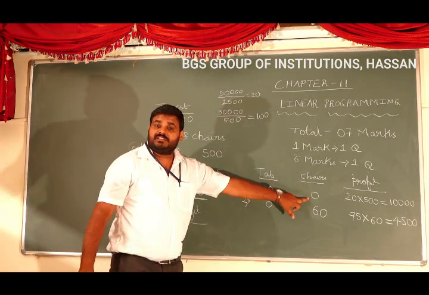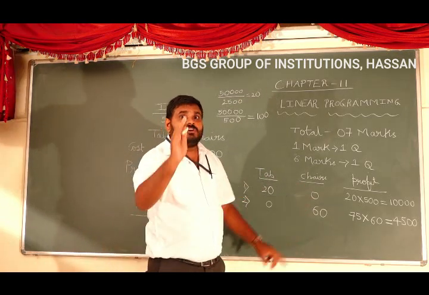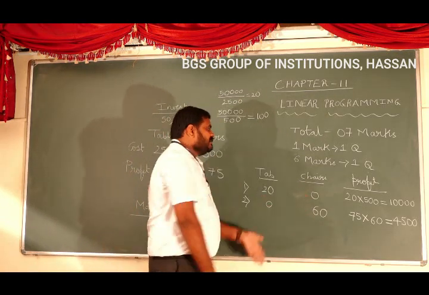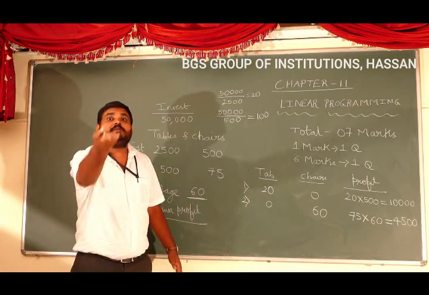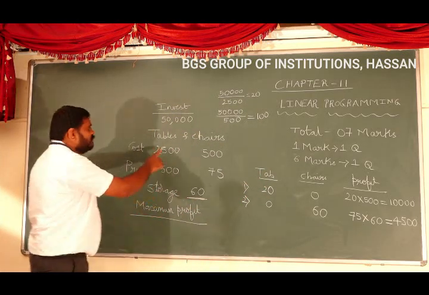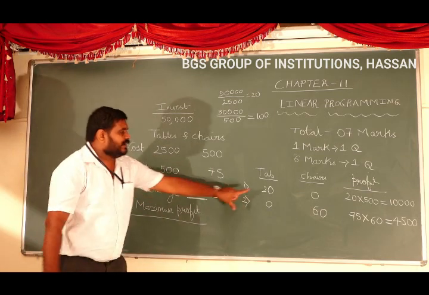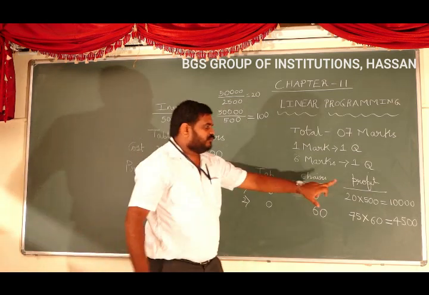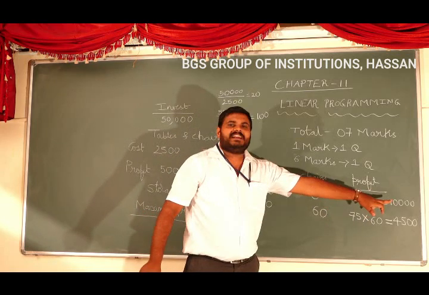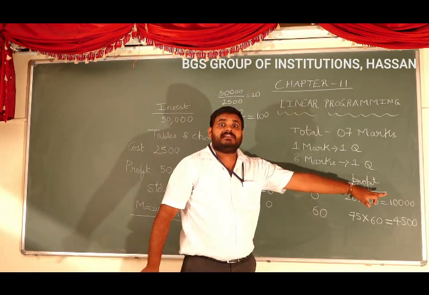Okay, that means the number of chairs is 0. If the number of chairs is 0 and the tables are 20, what will be the profit he will get? Because of the table, he will get a profit of 500 rupees and there are 20 tables, he will get a profit of totally 20 into 500, which is 10,000.